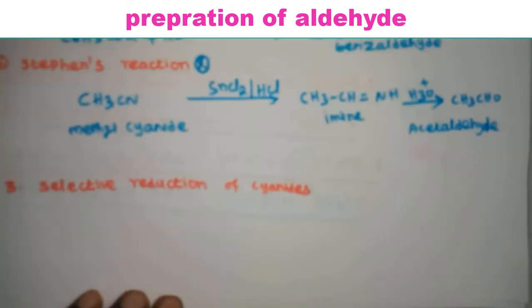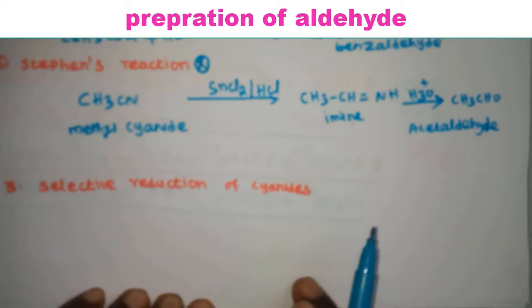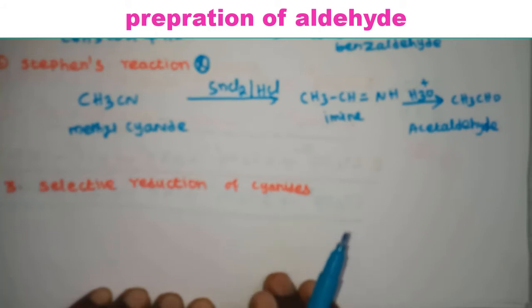Preparation of aldehyde, third method, selective reduction of cyanides. Diisobutyl aluminum hydride selectively reduces the alkyl cyanide to form an imine, which on further hydrolysis gives the aldehyde.